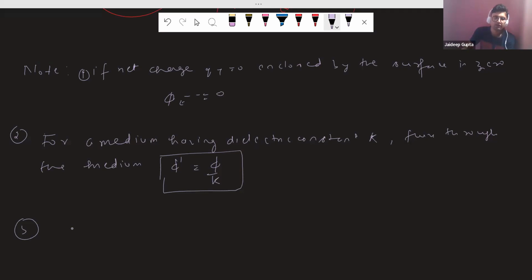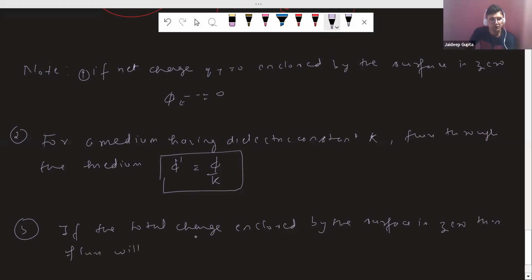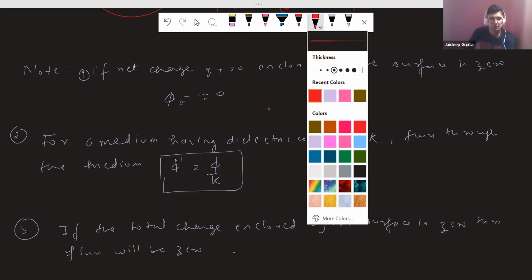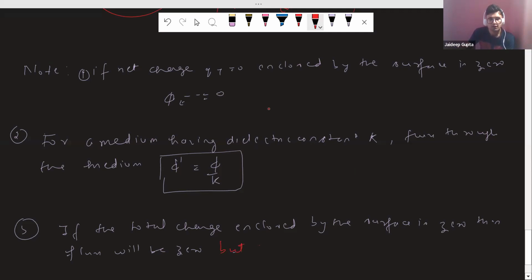Look, if the total charge enclosed by the surface is zero, then flux will be zero, but the net electric field will not be zero. All right, look why.